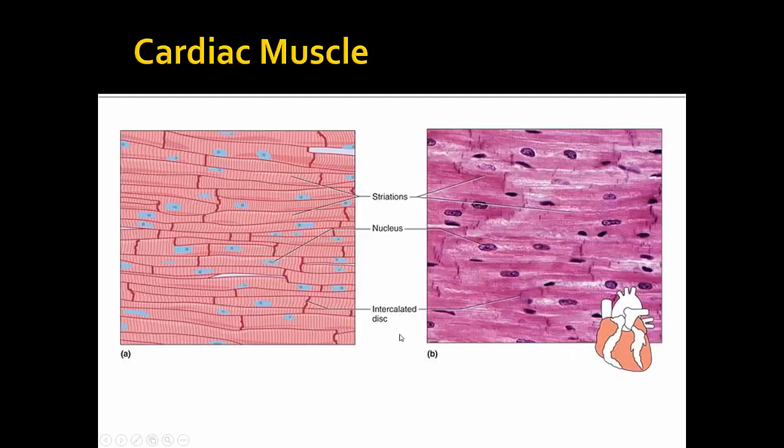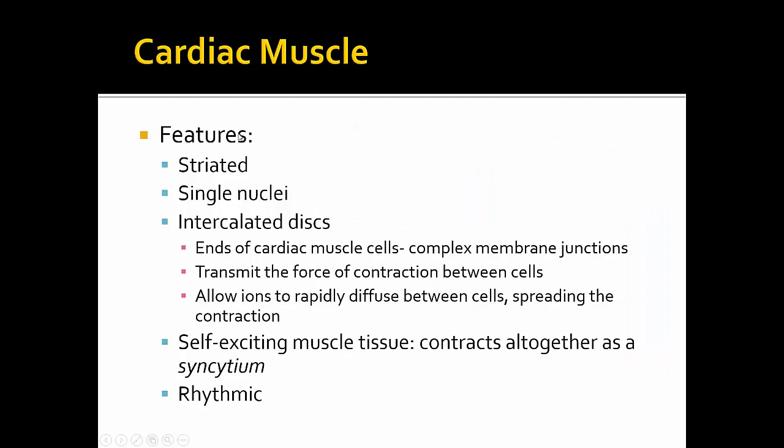Cardiac muscle, at first glance, looks a little more like skeletal muscle, except that, like smooth muscle, it only has a single nucleus for each cell, and it has these features that make it really distinct from either smooth muscle or skeletal muscle: these intercalated discs. The intercalated discs are the ends of the cardiac muscle cells, but they form really nice complex junctions between the cells.